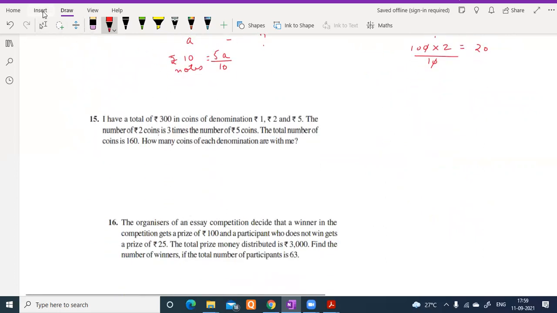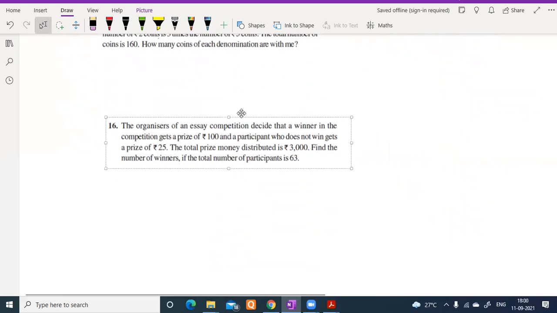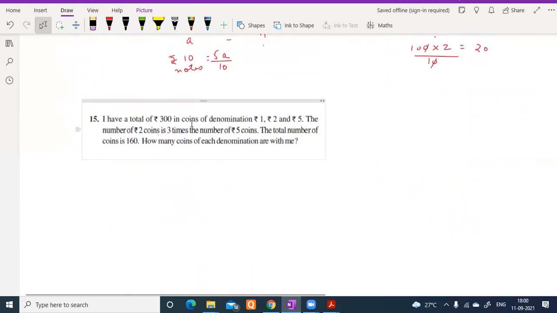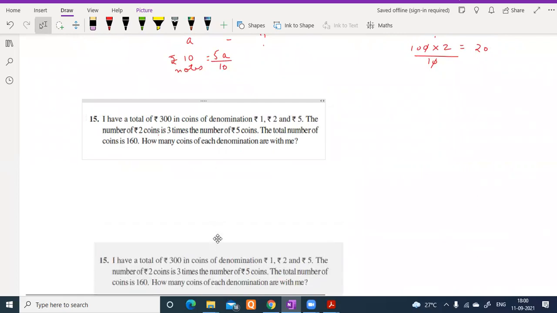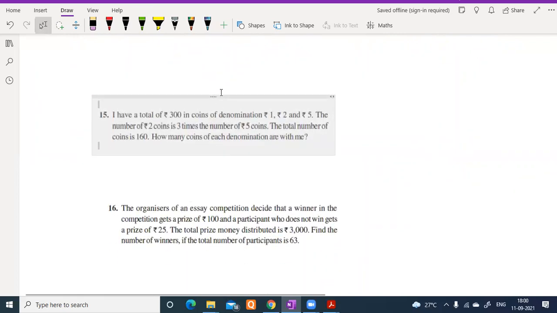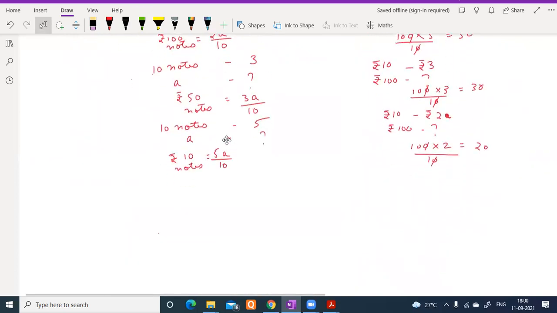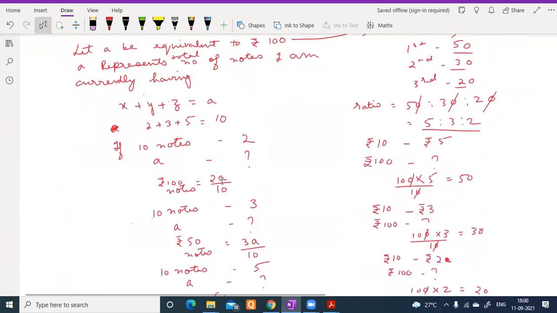Give me a second. We'll shift these sums down. Okay. So the number of notes should not be confused with the value.